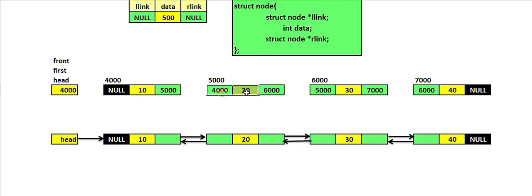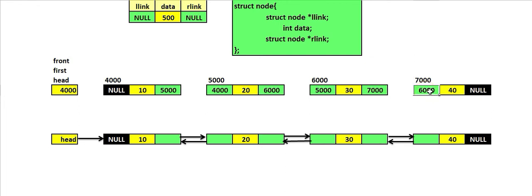Next come to node number 2. Node number 2 has the address of the previous node, so that is 4000, and it also has the address of the third node, that is 6000. Similarly, node 3 has the address of the previous node, node 2, which is 5000, and then it has the address of the last node, that is 7000.